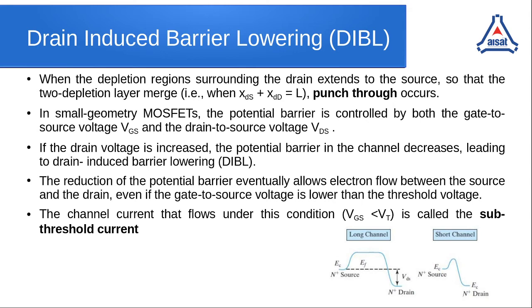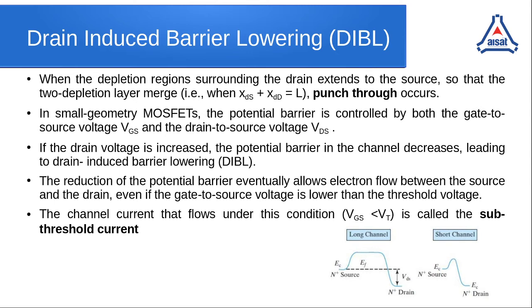So now the potential barrier is not only controlled by VGS, it is being controlled by VDS too. This reduction in the potential barrier eventually allows electron flow between the source and drain.